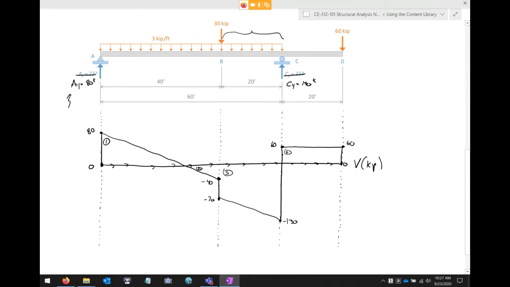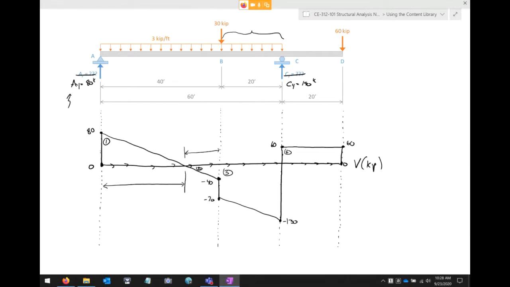Now, in order to determine the areas, we're going to need to know some dimensions. Specifically, I'm talking about region 1 and region 2, because these are triangles. In order to determine the area of that triangle, I need to know this dimension. And same thing here. I need to know this dimension in order to determine the area of that triangle. But it's really, really easy.